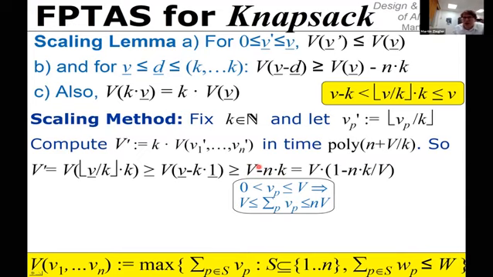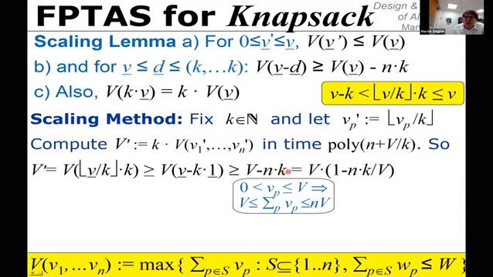The value returned, denoted here by v prime, will be no larger than v. It could be less than v, but it will be no less than v minus n times k, because we have affected the total value of all packets by no more than n times k.